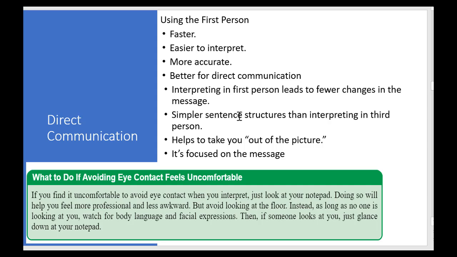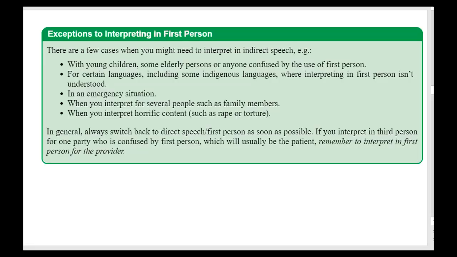But if the interpreter is interpreting something so severe and horrific that it is causing her to have a difficult time interpreting, and it is causing her to have issues with accuracy, then in that case, that rule is no longer doing what it's supposed to do, and so you can step away from it and use the third person.